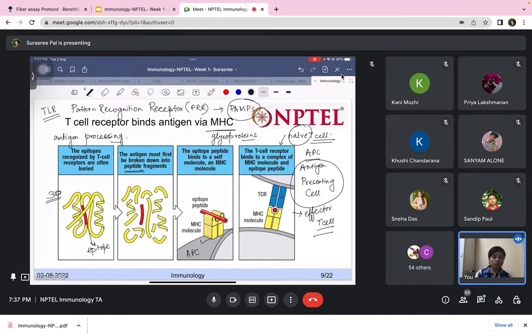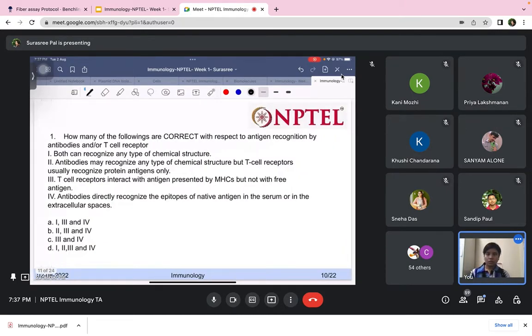Okay, so I'll now move on to some of the questions. Please go through the question. It says: how many of the following are correct with respect to antigen recognition by antibodies and/or T cell receptor?